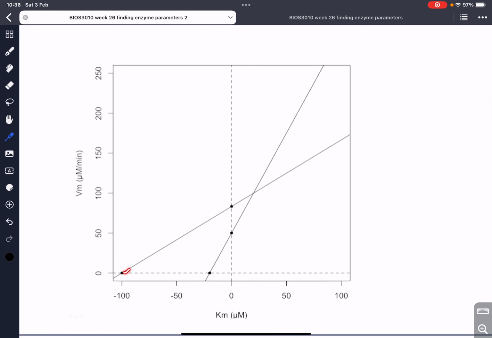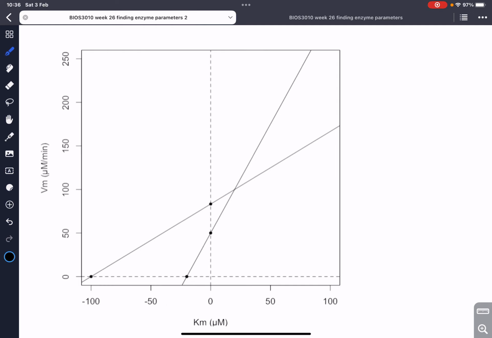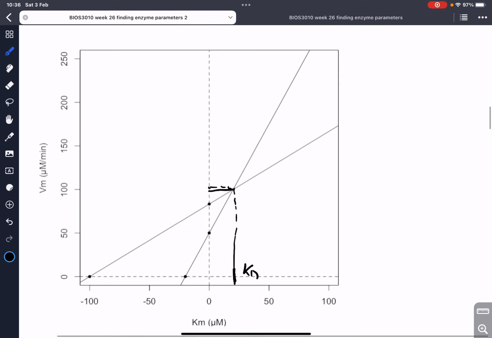So here that was our original line with 100 and the corresponding value, and here we've got 20 and the corresponding value. And where these two lines meet, that is actually the value for Vmax and Km. So we get Vmax at this value here, and Km at this value here.